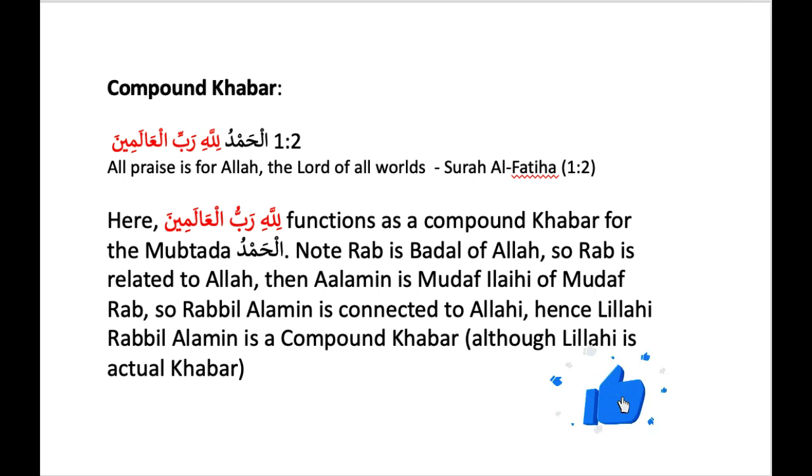Then Alameen is a Mudaf ilayhi of Mudaf Rabb, so Rabbil Alameen is connected to Allahi. Hence, Lillahi Rabbil Alameen is a compound Khabar, although Lillahi is actual Khabar. But with the associated elements of Lillahi, Lillahi Rabbil Alameen as a whole is a compound Khabar here.